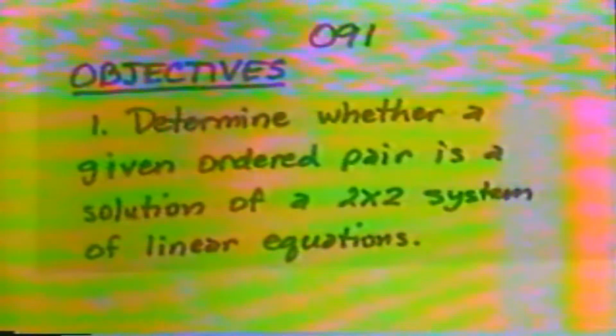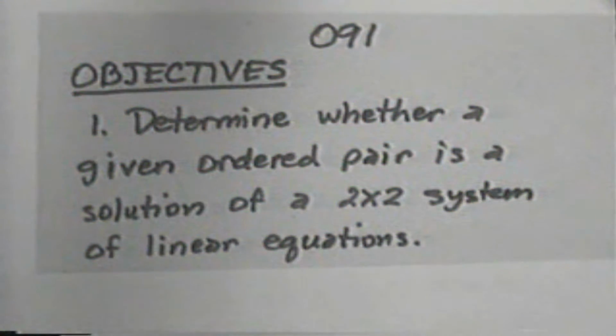On this tape we have two objectives. Objective 1, determine whether a given ordered pair is a solution of a 2x2 system of linear equations.